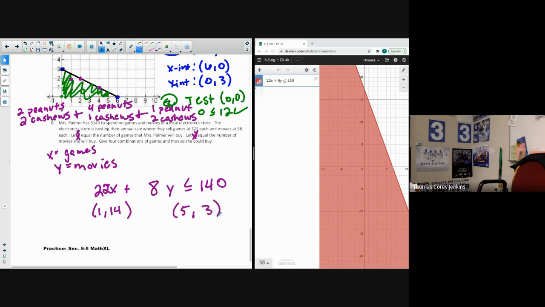Oh, say I wanted to buy just kind of an even mix. So what if I bought, say 3, I keep forgetting what X is, sorry. 3 games, how many movies could I buy? That might be right on it. Just to be sure, though, I'll go here. So it looks like 3 comma 8 is definitely in there.